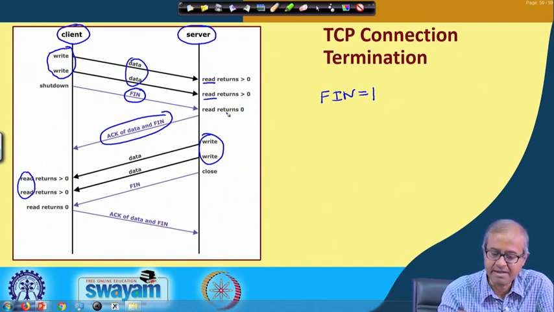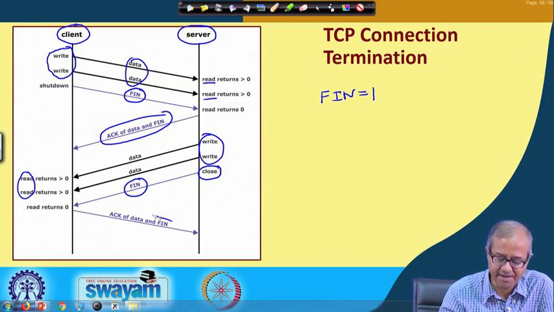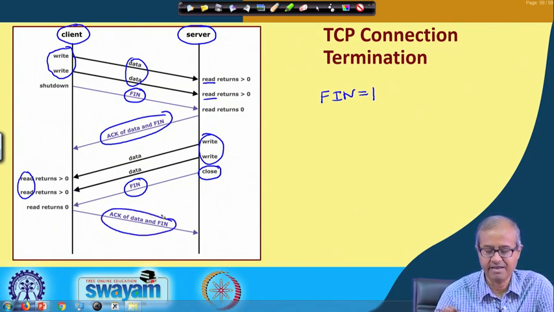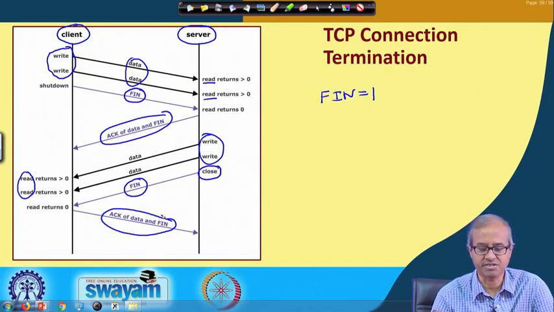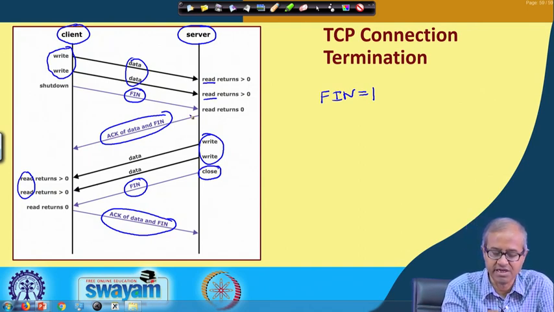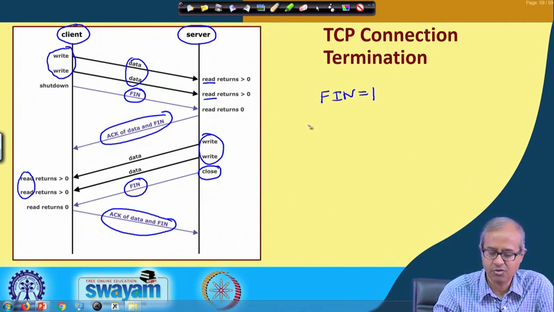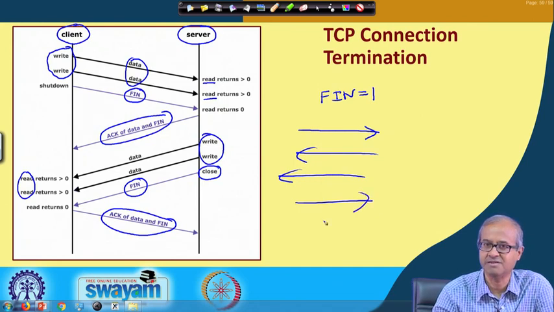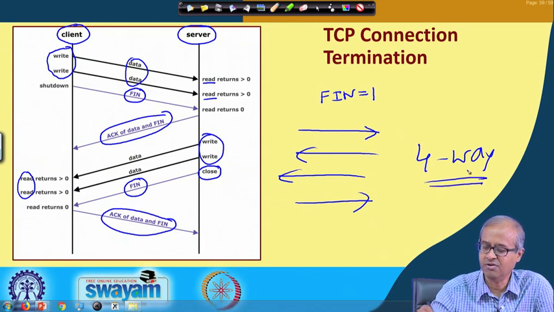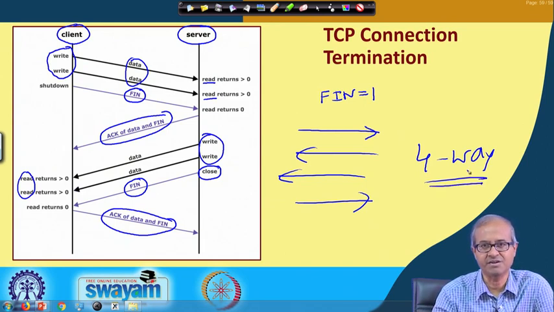And then the server is also done with the connection, and the server also wishes to close. So, it sends back another FIN to the client, and the client finally acknowledges data and FIN, and now the connection actually closes. So, it is like a 4-way handshake, 4 packets are going, one in this direction, second in this direction, third in this direction, fourth in this direction. So, this is some kind of a 4-way handshaking that is going on for TCP connection termination. This is how it works.